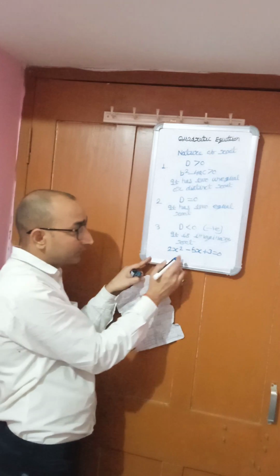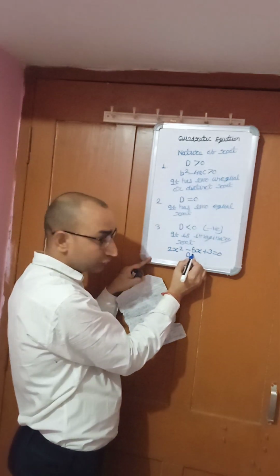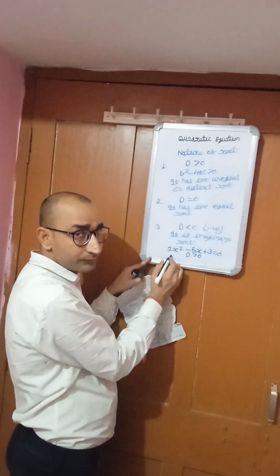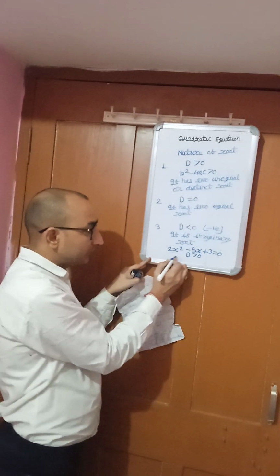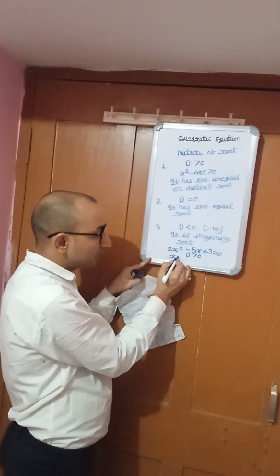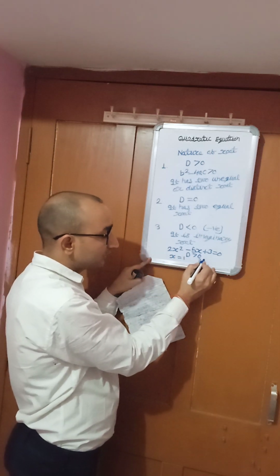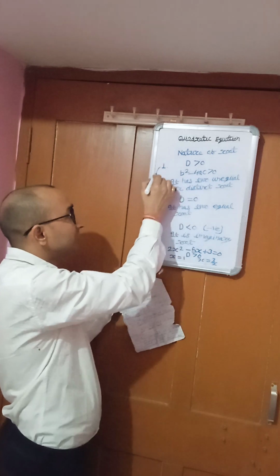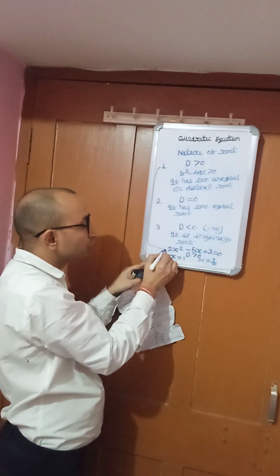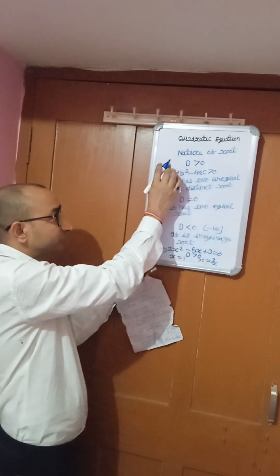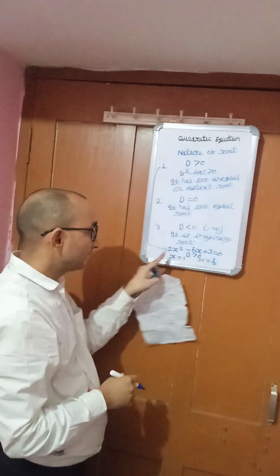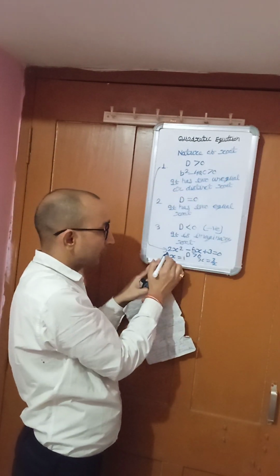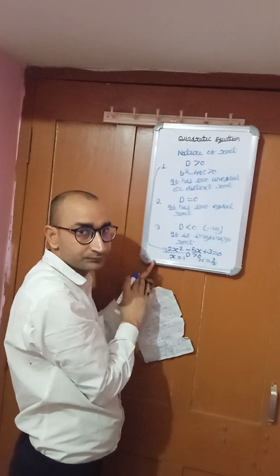As I solve this, D greater than 0, it has two unequal roots. One is x equal to 1, another is x equal to 3 by 2. So I have already explained one question on this condition.